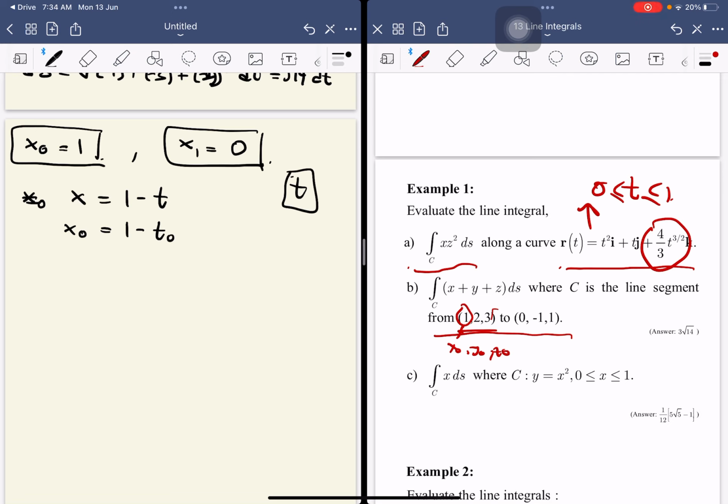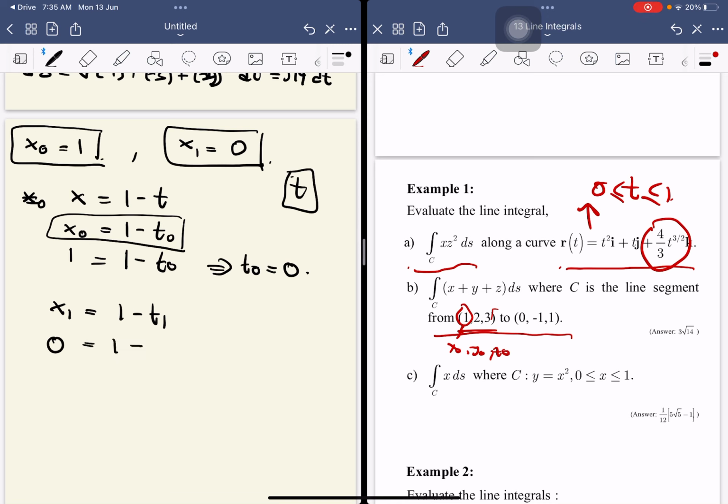Our x naught is equal to 1, so 1 equals 1 minus t naught, and from here you're going to get that t naught is equal to 0. The same goes when we try to find x1. It's going to be x1 equal to 1 minus t1. So x1 now is 0, so 0 equals 1 minus t1, and from here you're going to get that t1 is equal to 1.